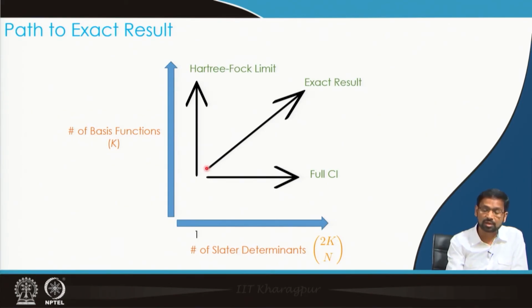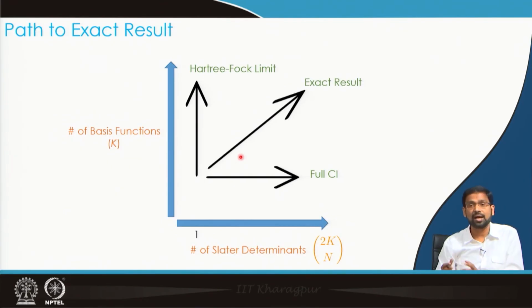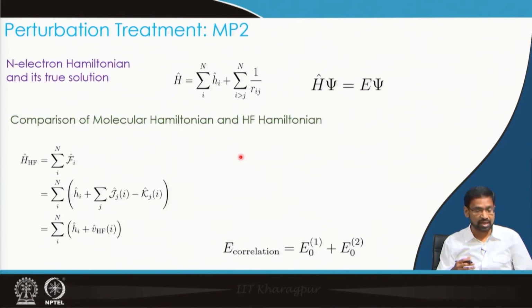A well balanced calculation makes good progress both in terms of basis functions and Slater determinants. Of course, you cannot have everything at once because it involves huge computational cost. Depending on your computational budget, one decides how to proceed. So CI, configuration interaction, is one approach to extract the correlation energy that is missing in the Hartree-Fock method.